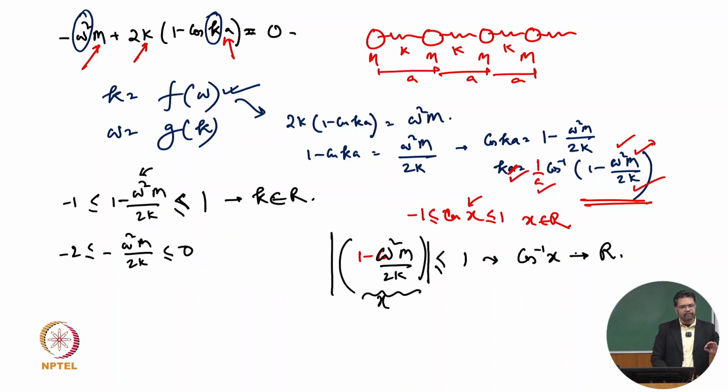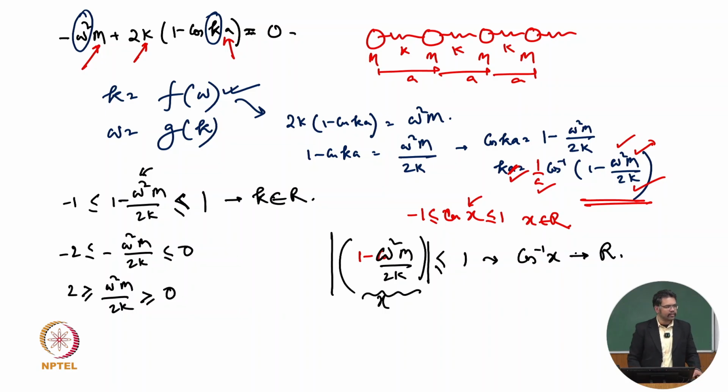Now what happened? I am multiplying with minus 1, that means the inequality flips. Agreed? So I can get 4k less than or equal to omega square m less than or equal to 0.